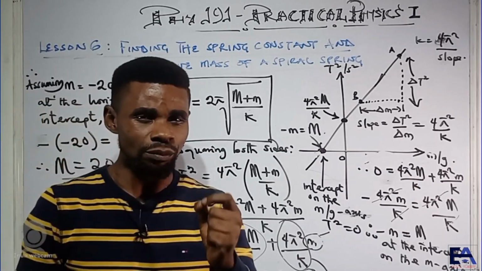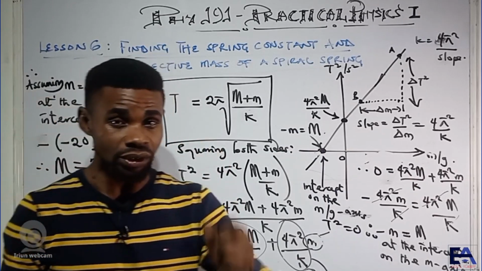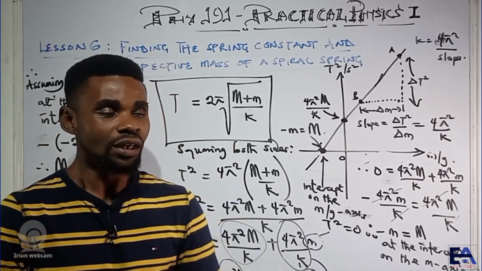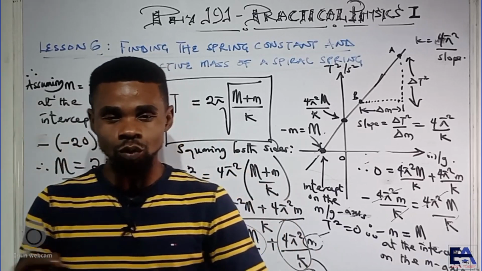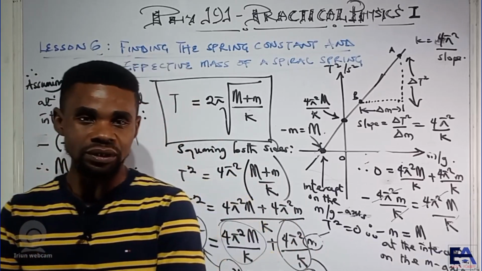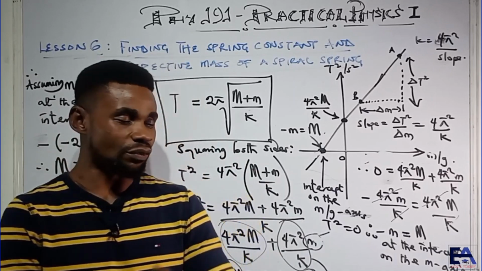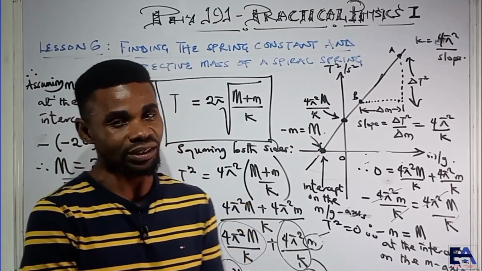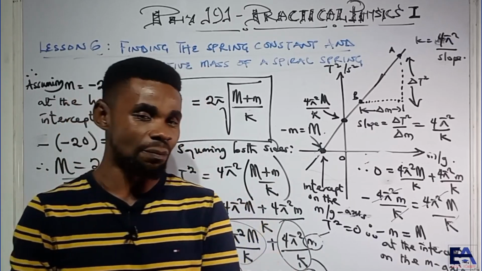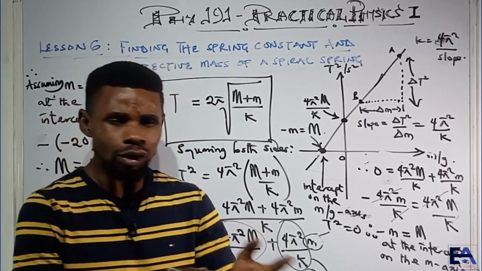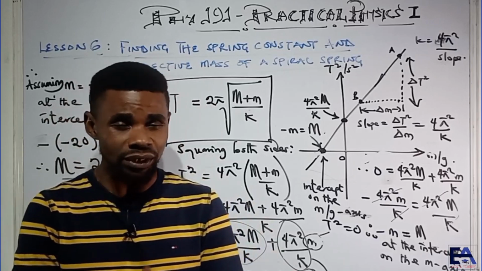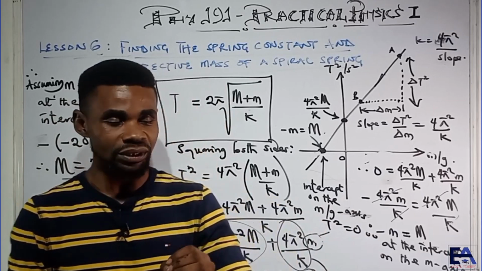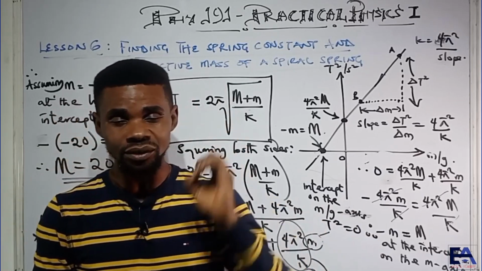All these key pieces of information are very, very important to you. You'll be having questions asking what happens to the effective mass of the spring when the graph of t squared against m intersects the m axis. Technical questions can be asked based on your understanding of all of these scenarios, so it is very important you know exactly what is going on.